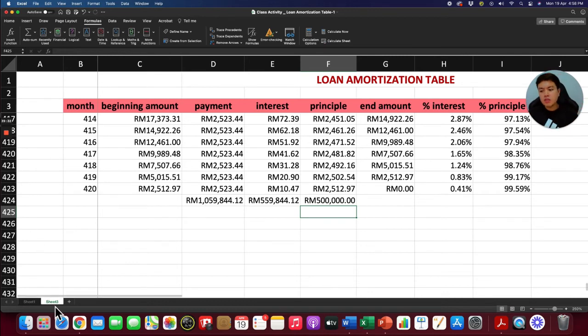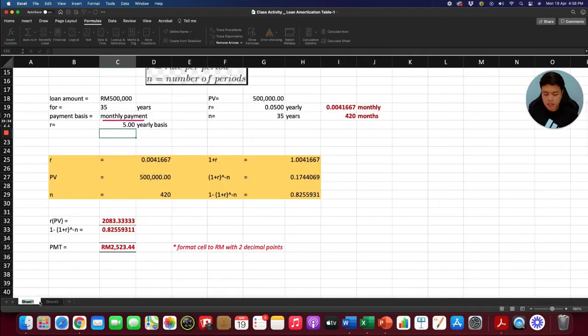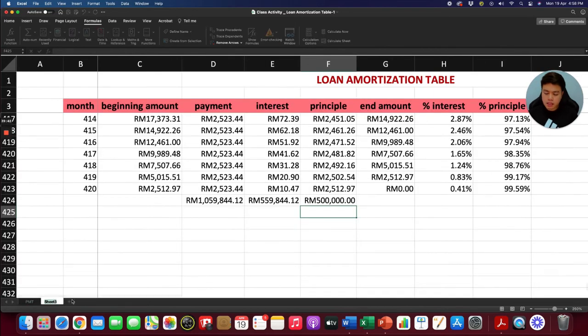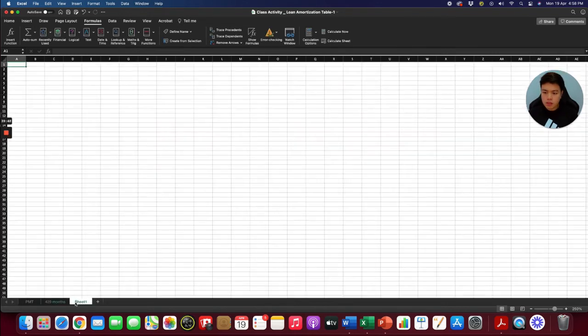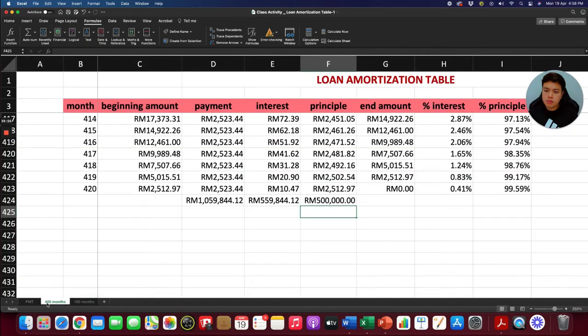Okay, so to make it clear, alright, so this is payment, PMT. In finance, PMT stands for payment. Let's say this is for 420 months just now. So let's take an impact for 180 months. So to show you the difference, okay.